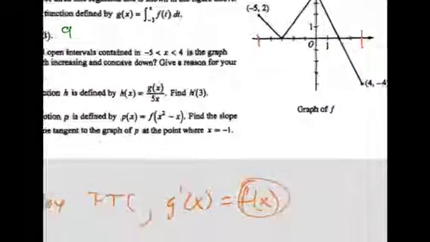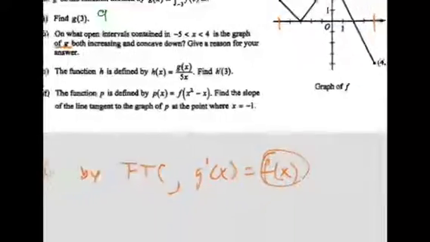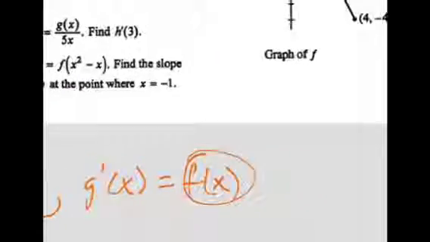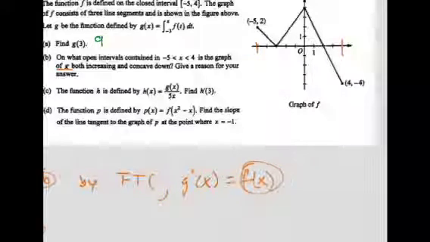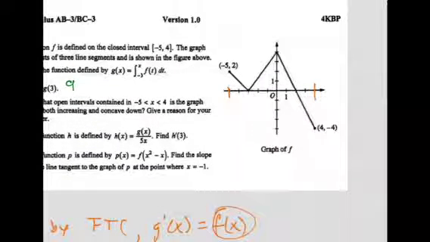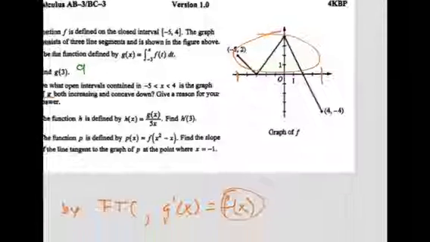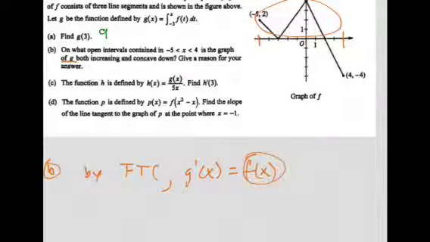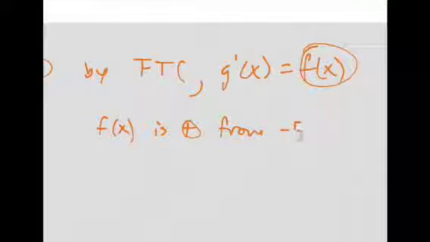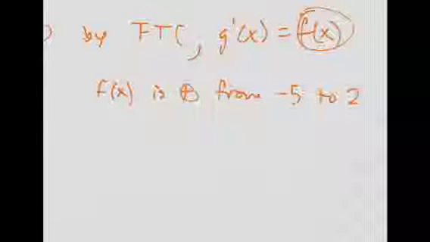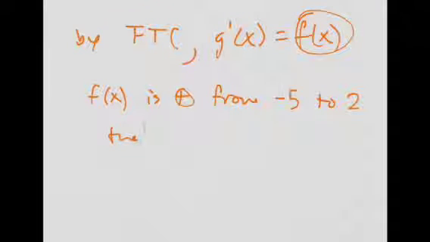If we're looking at g prime, which is f of x, we have to see when f of x is positive, because that means the derivative of g is positive. So f of x is positive from -5 to 2.